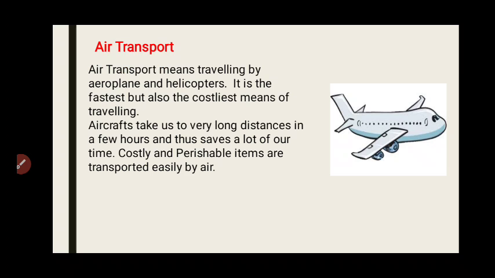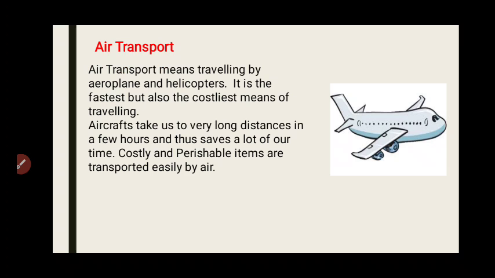Yes or no? It is very costly as it is very fast. Means if we want to travel very long distances in a few hours, we can use the aeroplane, but it is the costliest means of traveling. And thus it saves a lot of our time.